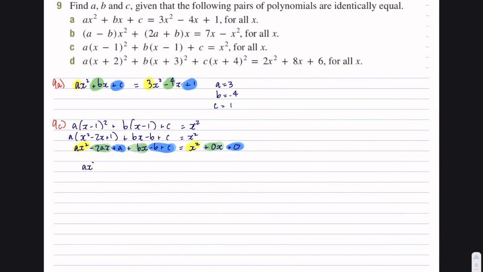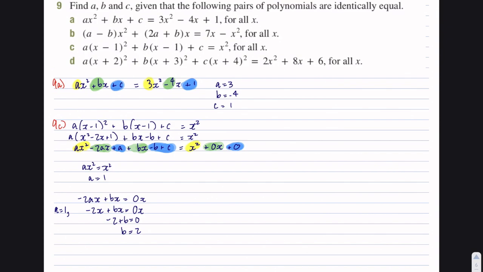So, ax squared equals just x squared, so a equals 1. We've got -2ax plus bx equals 0x. We know a equals 1, so we've got -2x plus bx equals 0x. So -2 plus b equals 0, so b equals 2.